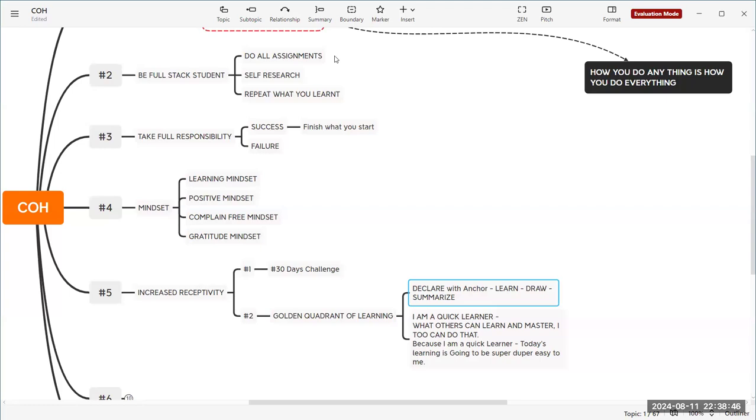We are going to learn a topic. We are going deeper with interest, curiosity, and energy into that topic, deeper towards the research or learning, I would say, and that requires a complete... Full stack student, you mean?